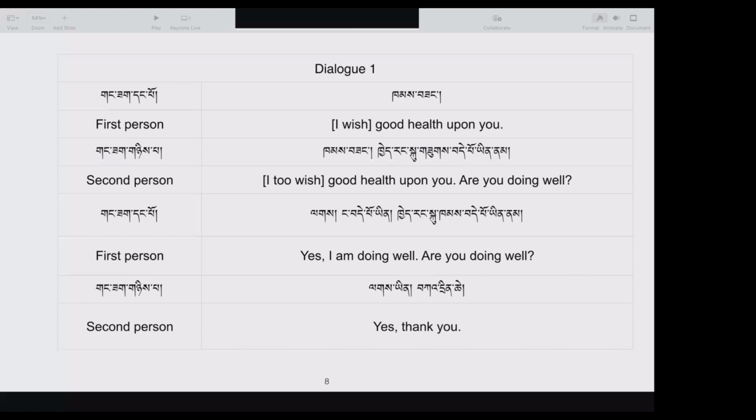Or you can also speak in a more casual way where you're not using honorifics, simply saying "he" and "katinche," or you can skip that part, "nga de bu yin," or you can use the form where you are using the honorifics and the more respectful form of conversation.